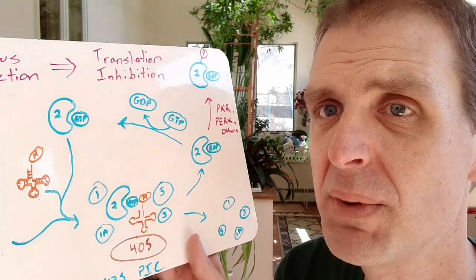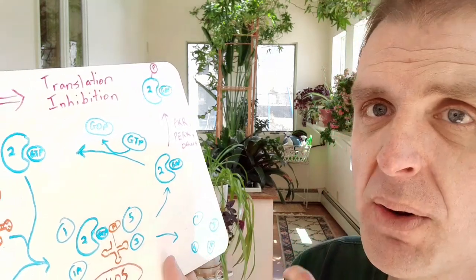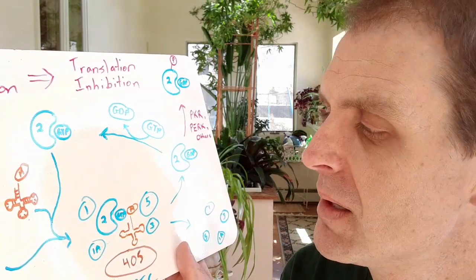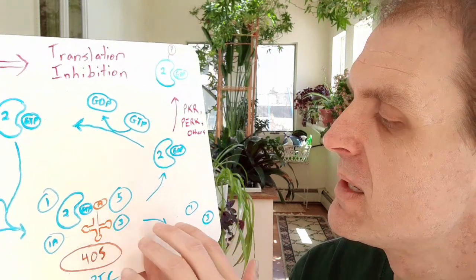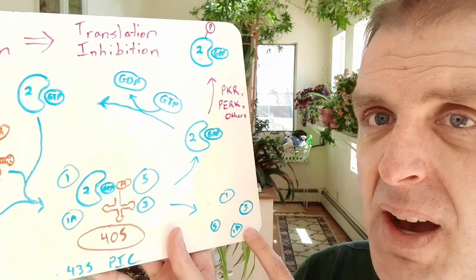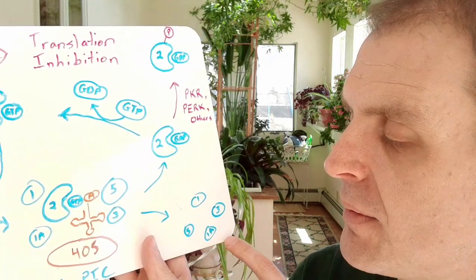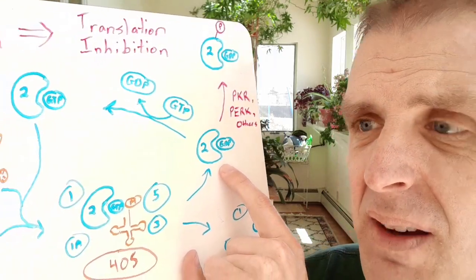Once that complex has found the start codon, a lot of the components dissociate and the large subunit of the ribosome gets on. When they dissociate, we're not going to track down what's happening to eIF1, 3, 5, or 1A, but instead we're going to look at what's happening to eIF2.